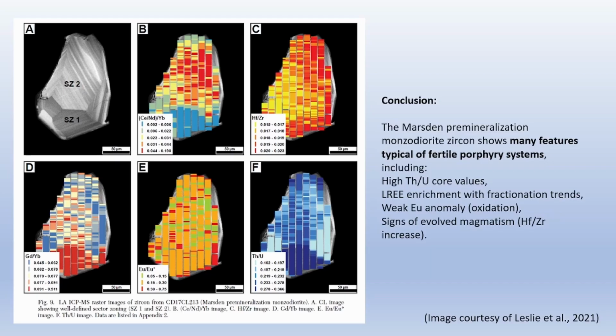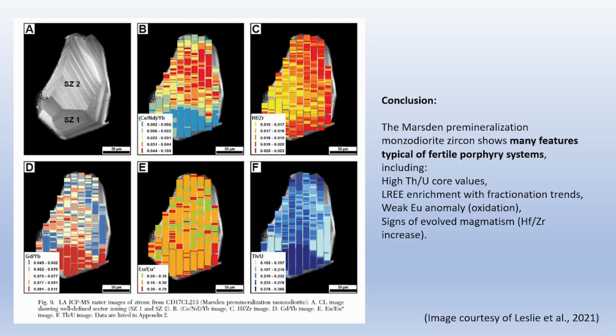Zircons from oxidized magmas love to show high thorium uranium ratios, usually values over 0.3, and that's exactly what we see in the core. The rim drops a bit, which could mean rising uranium and more fluids and just a final evolution step.